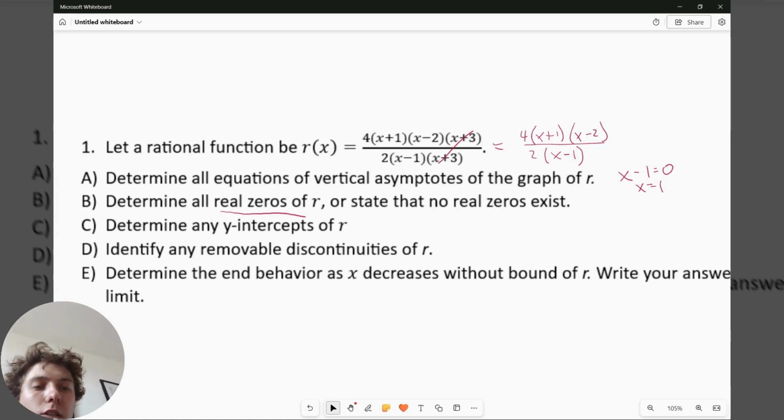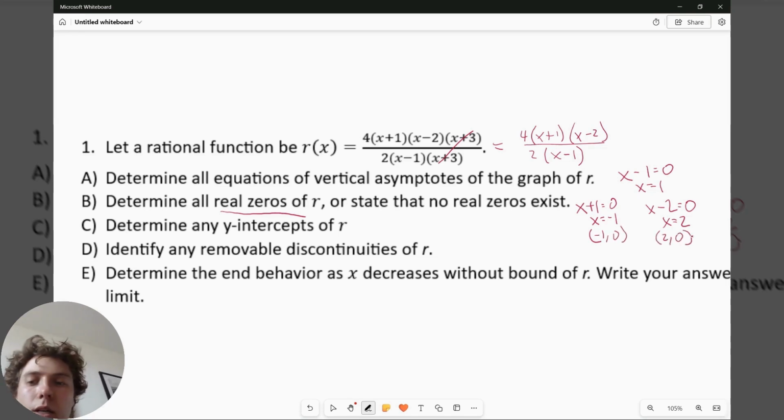There would be 2 different x-intercepts, 2 different zeros in this case. Take both factors on top and set those equal to 0. Should get -1 and +2. Since those are x-intercepts, you might need to write those as coordinates. So you might write that as (-1, 0) and (2, 0). That is for part B.